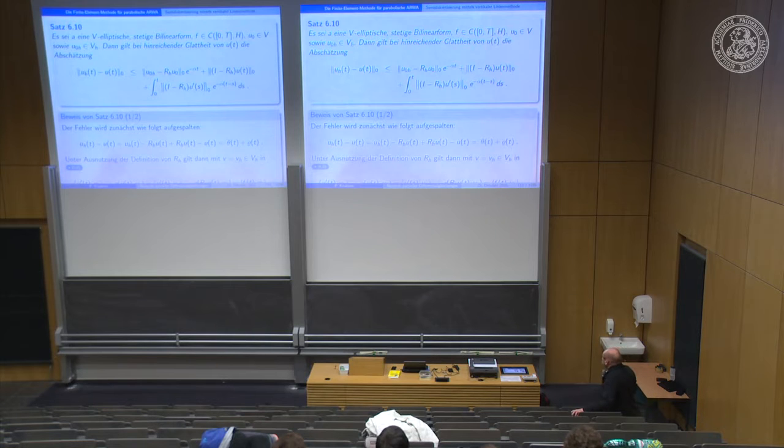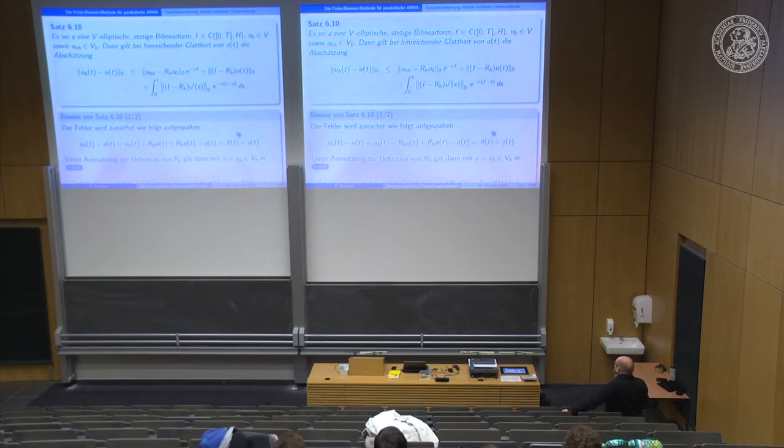And the background of this proof, and maybe I come back to that because what I said was maybe a little bit confusing. So what we do is we have to estimate the error here. We subdivide the error into two parts, namely the deviation between our, say, finite element solution in the semi-discrete case and the Ritz projection. So this is something which takes values in V_h.